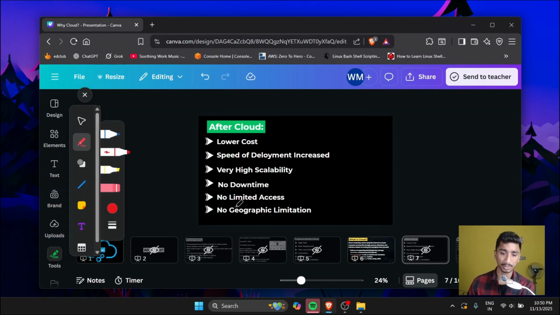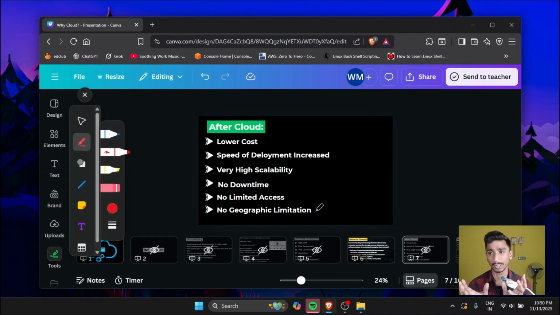No limited access. You can use your cloud services from your home, from your office, from anywhere. No geographical limitations. As I said earlier, the speed of the services you use is very good because of the technology nowadays.